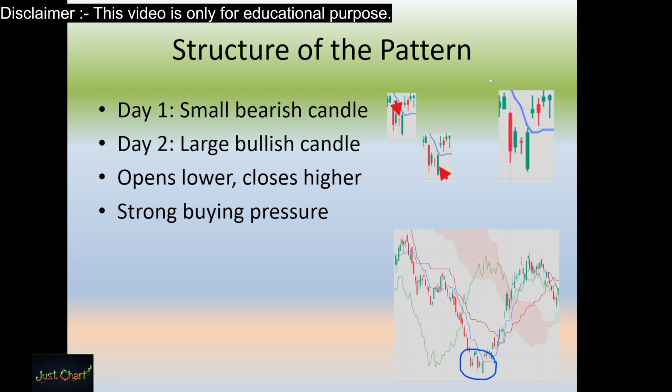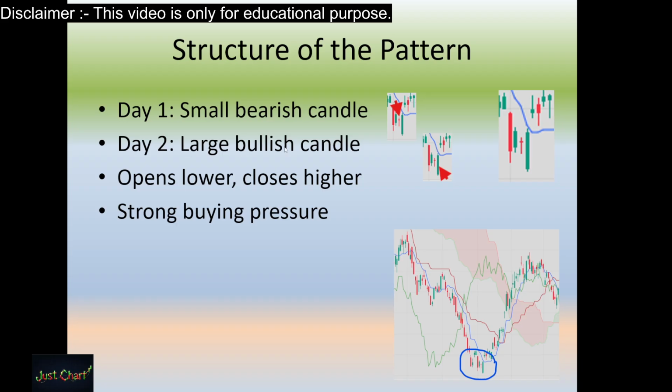Structure of the pattern. A small bearish candle. In this picture, when the stock direction is downward, this pattern appears at the end of the downturn. This red candle is the day one small bearish candle.